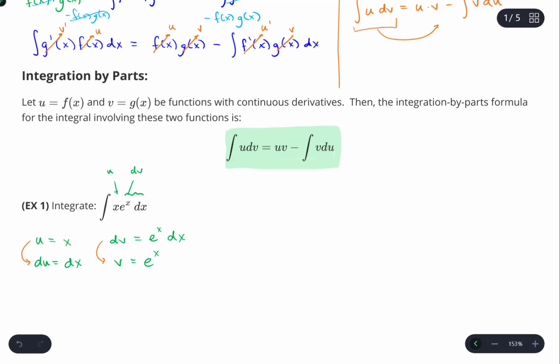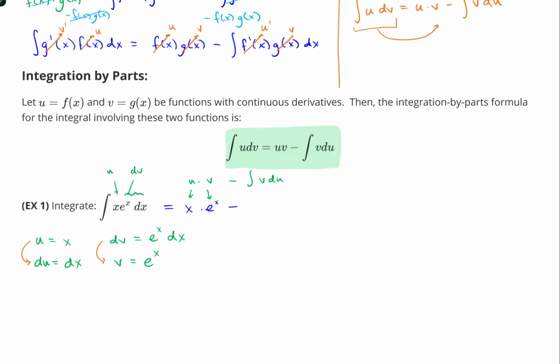And the remaining part of the formula is that this would be integrated as u times v, where u is still x. V we know as e to the x, and then it's minus the integral of v du.